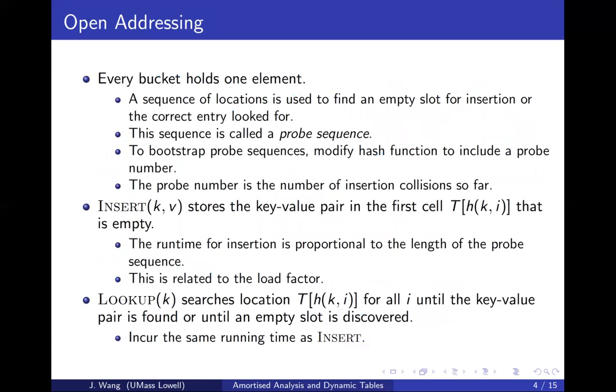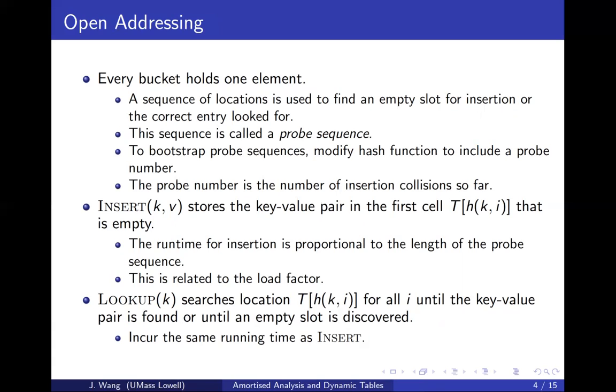All right. So open addressing. Every bucket holds one element. Instead of holding a pointer to a linked list, a sequence of locations is used to find an empty slot for insertion or the correct entry to be looked for.